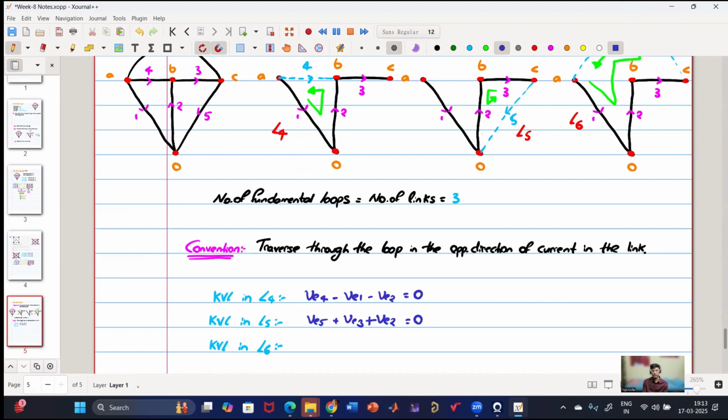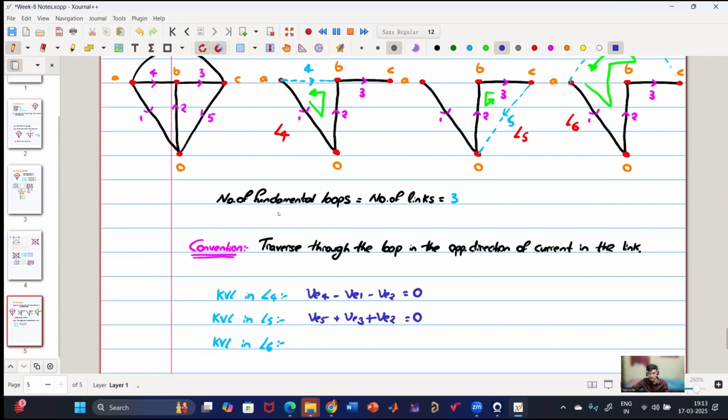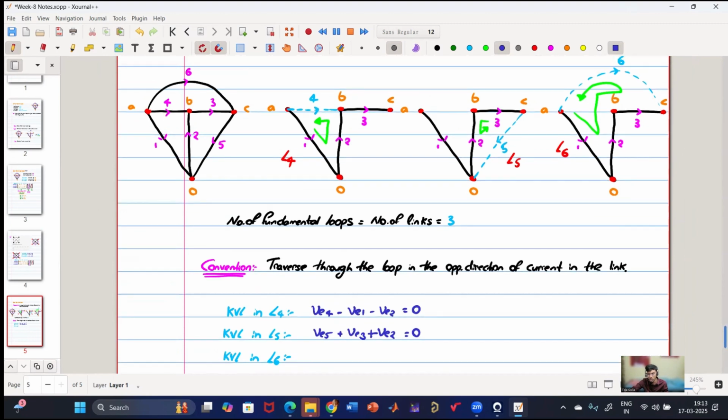And current goes from higher potential to lower potential. So from that you should know which is at higher potential and which is at lower potential. If you make a mistake here, you will not get the right answer. This is a very fundamental thing that we have been doing since week 1, so you should be a little bit confident. If you are a little less confident, still okay. Go through that and make yourself comfortable.